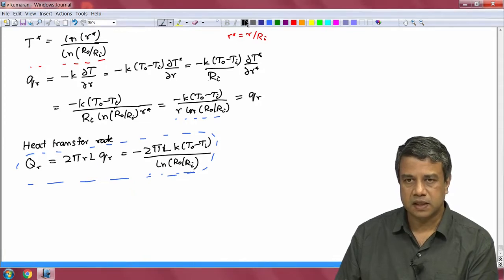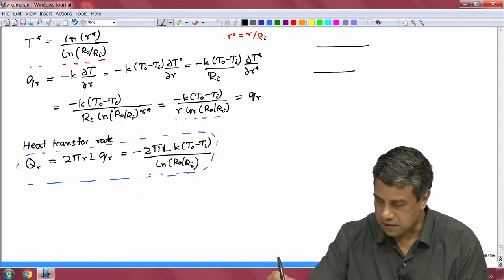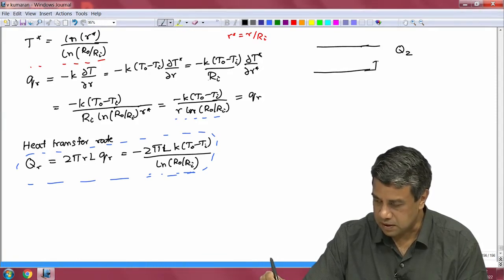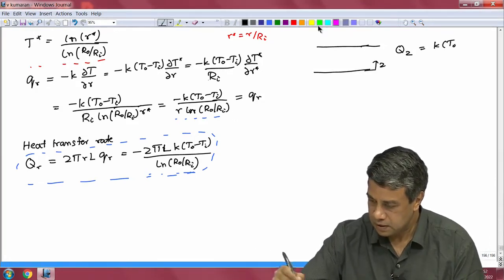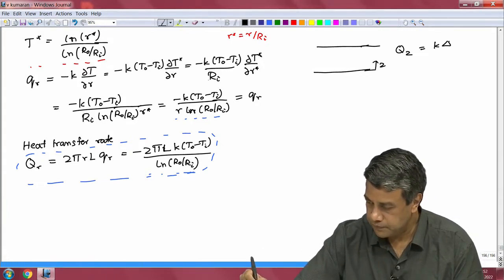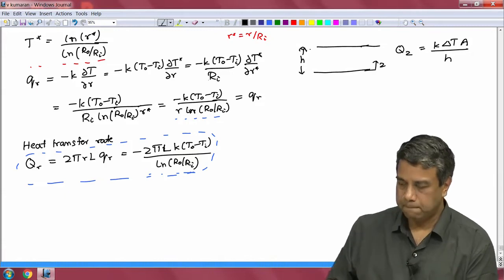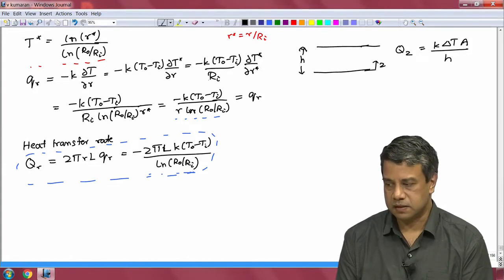If you take the analogy with heat transfer in a plane surface, you know that Q z in the z direction is equal to k into the temperature difference into A by the thickness h, where h is the thickness of this plane differential volume in a Cartesian coordinate system.